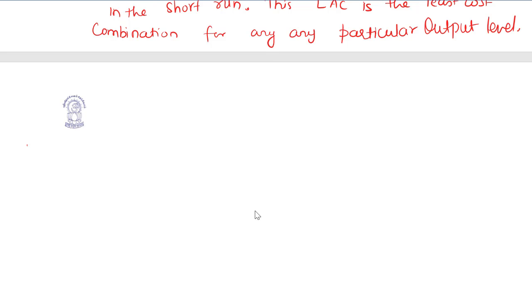We have written 3 points. Point number 4, planning curve.